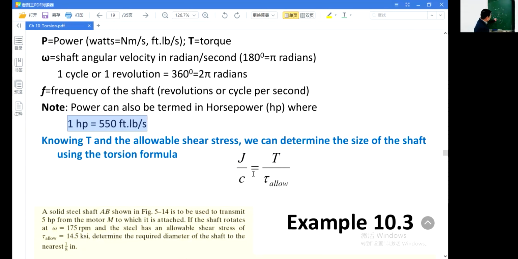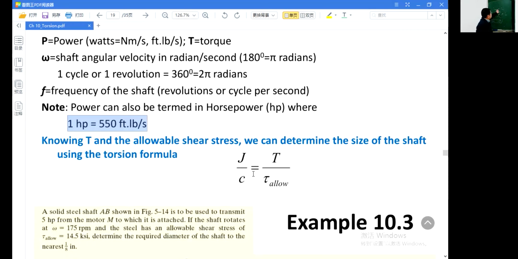So when the stress equals the allowable stress, from the equation we can find the radius of the shaft. It means if the radius of the shaft is more than c, the shaft is safe.